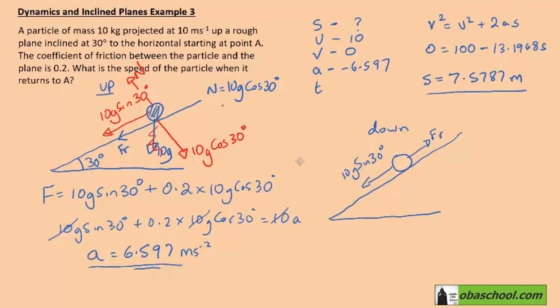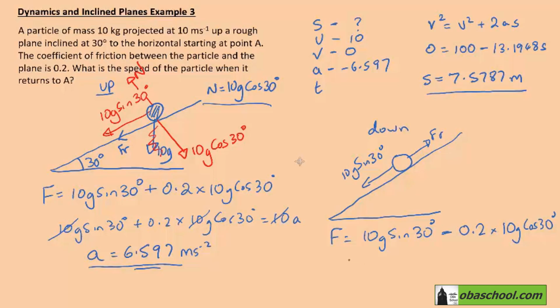And of course the friction is just going to be mu times N again. So the resultant force here is going to be 10g sine 30, but this time take away 0.2 times 10g cos 30, because they're now acting in opposite directions.